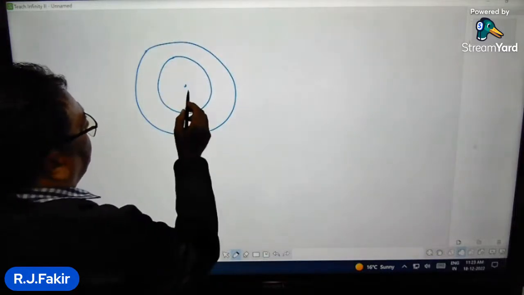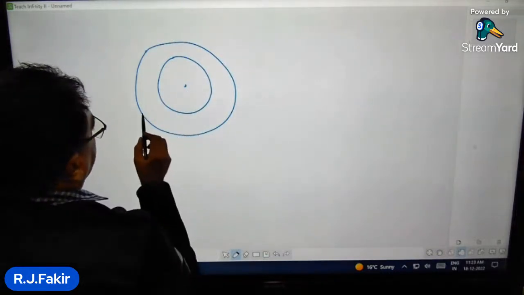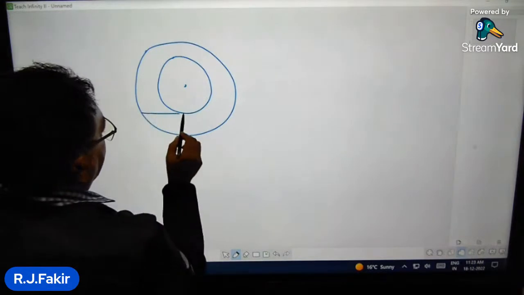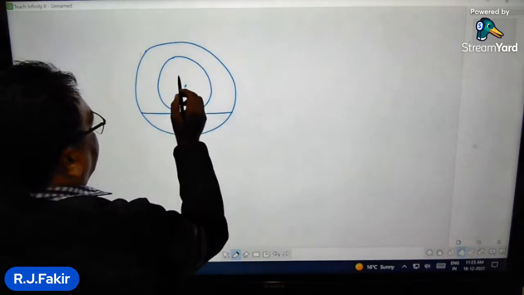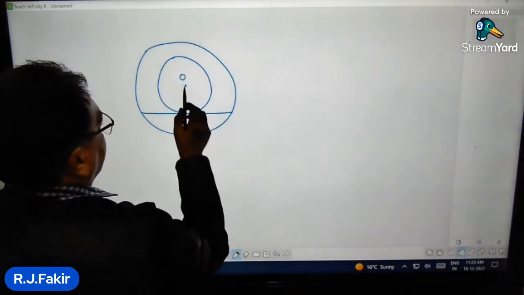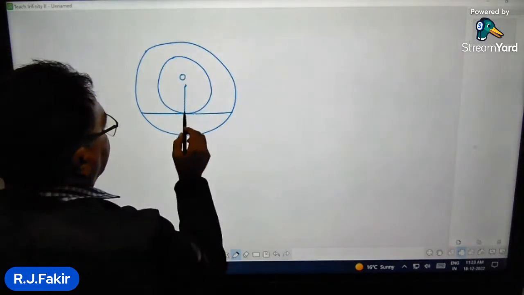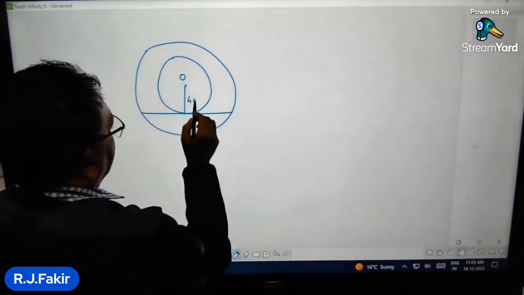What is said in this question is the chord of the bigger one, which is the tangent to the smaller one, and this is the common center, and the radius for this one is 4 centimeter.